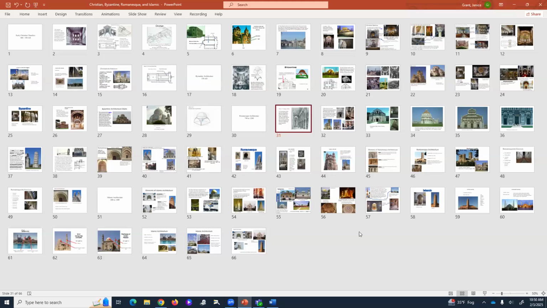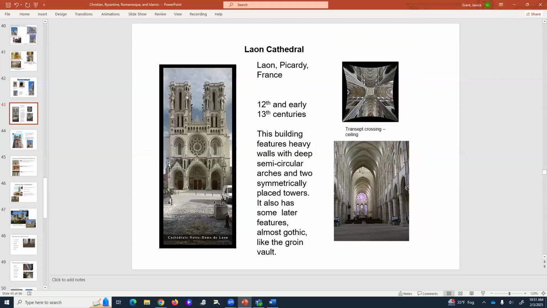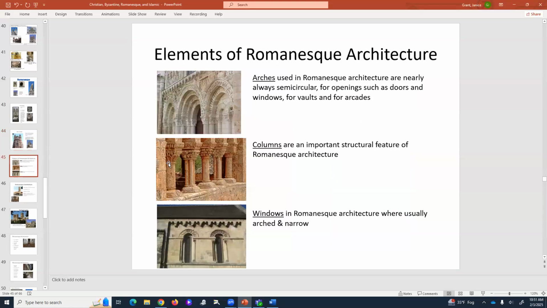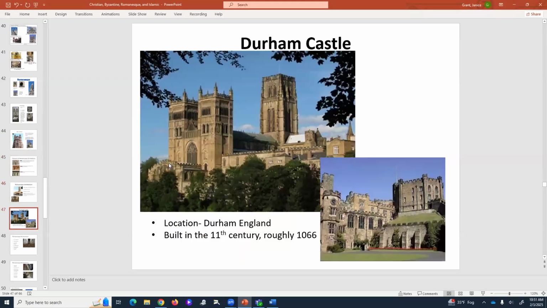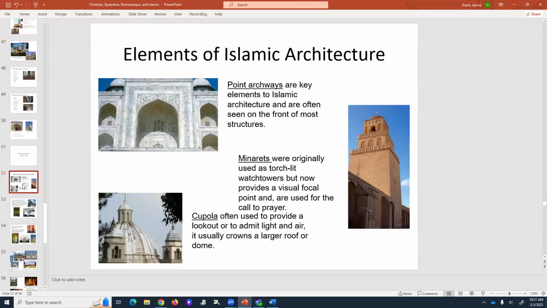The minarets. They were originally used as torch-lit watchtowers, but now provide a visual focal point and are used for the call to prayer.